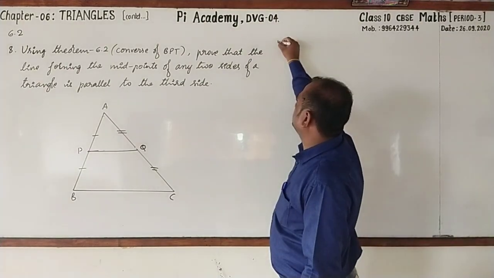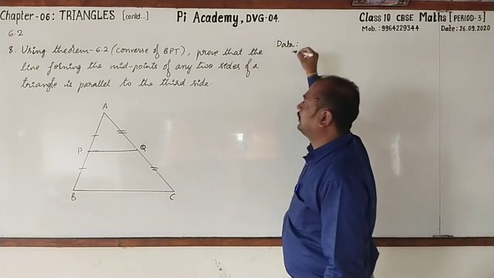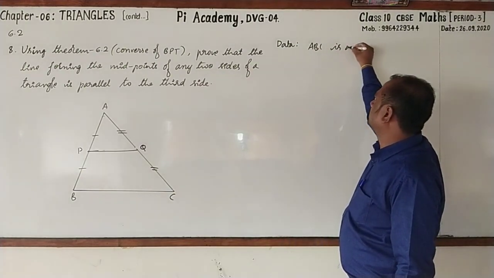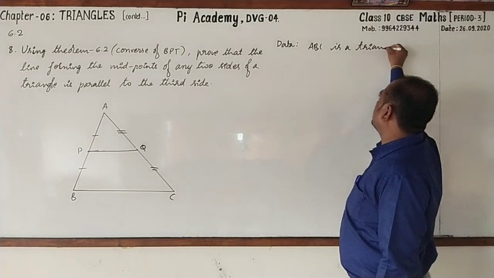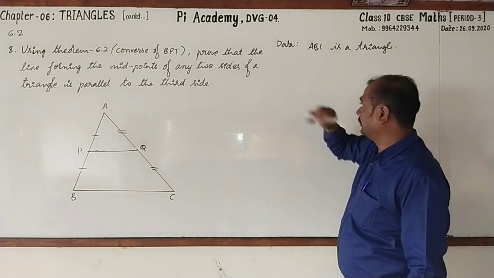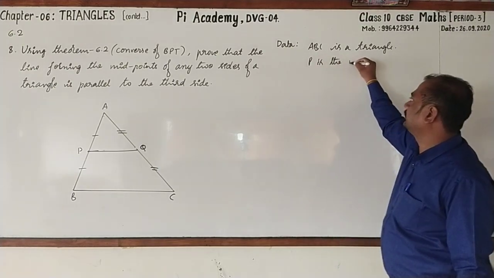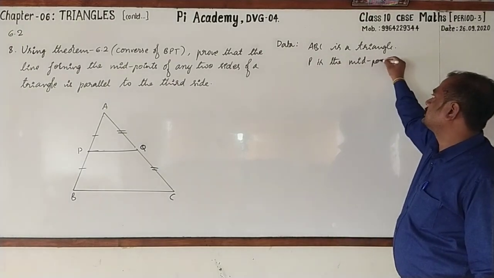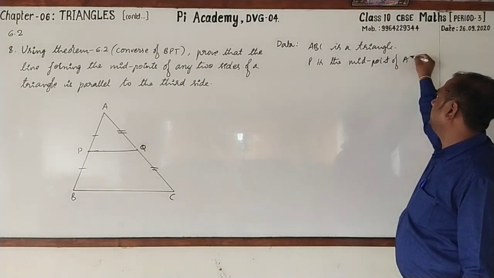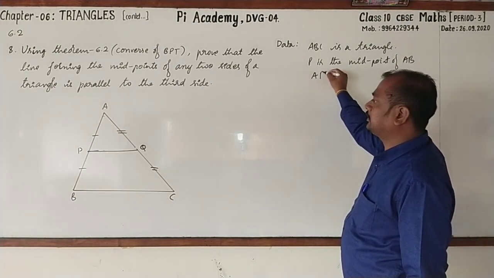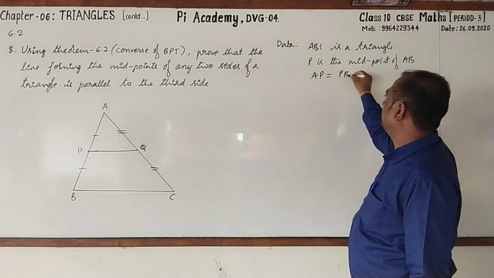Yes, write data. What you will write? ABC is a triangle. Then they have given P is the midpoint of AB. Then we can write AP equal to PB.